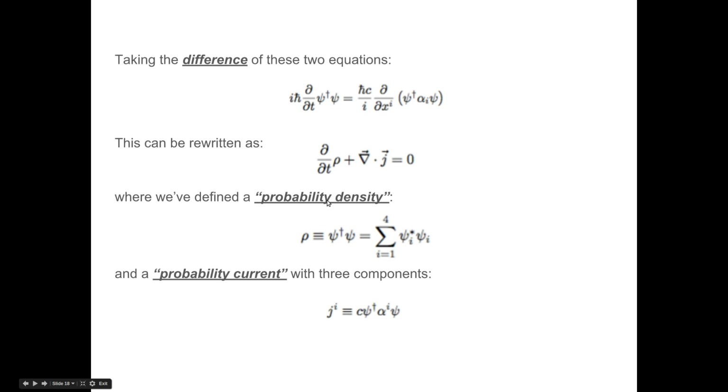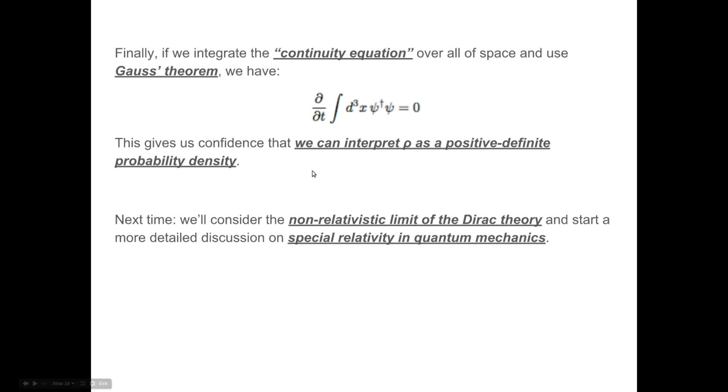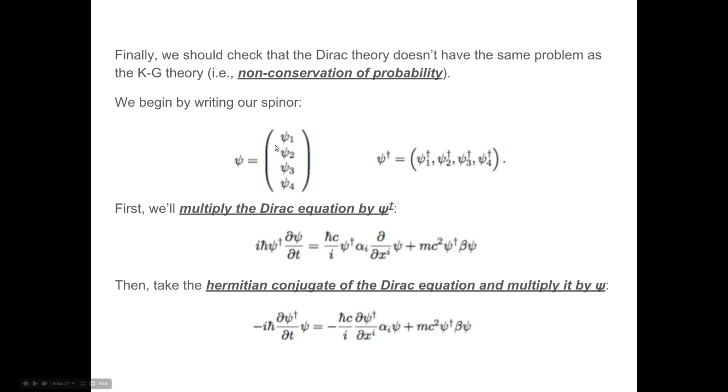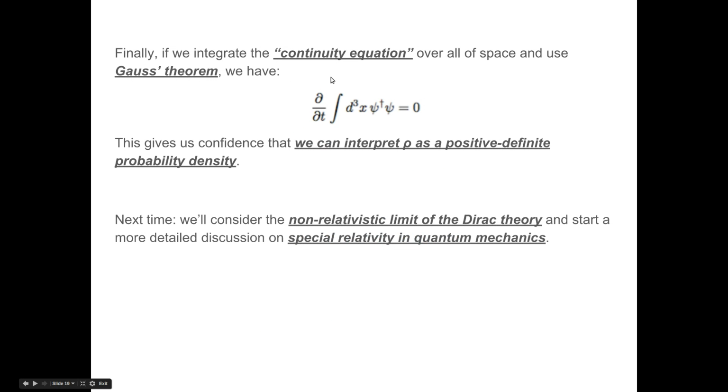Then you do the normal thing: integrate over all space and use Gauss's theorem, which tells us that the del dot J term vanishes. We find that this probability is conserved. Rho is the probability density; integrate over all the volume and that's the probability. d/dt of the probability is equal to 0, so the probability is conserved.